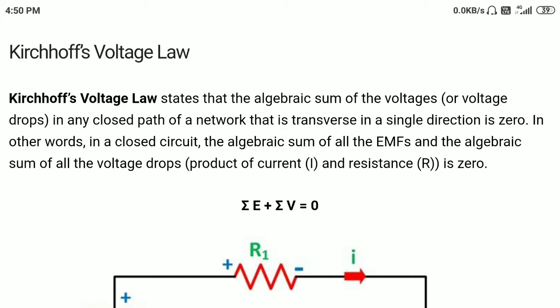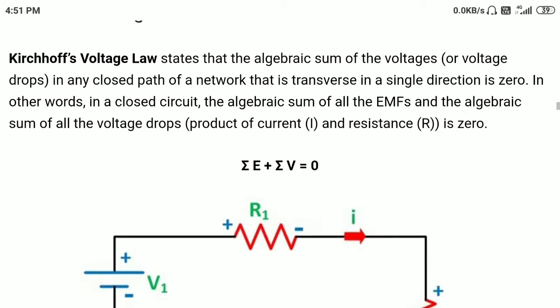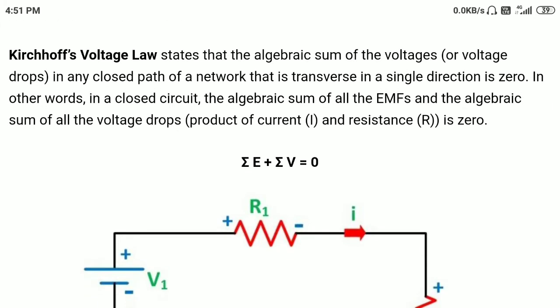In other words, in a closed circuit, the algebraic sum of all the EMFs and the algebraic sum of all the voltage drops, that is the product of current and resistance, is zero. Here the summation of sigma E plus sigma V equals 0.